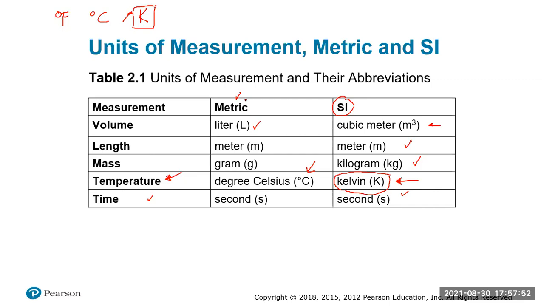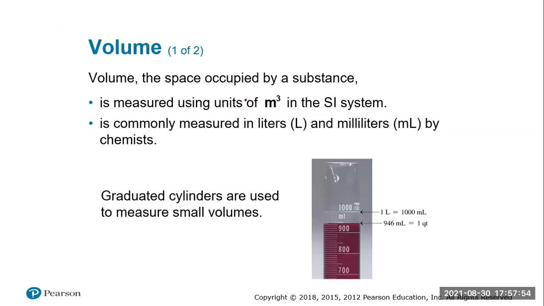So let's talk about some of these quantities of measurement. First off, volume. Volume is the space that's occupied by a particular substance. There are several units that we commonly come across when dealing with volumes.